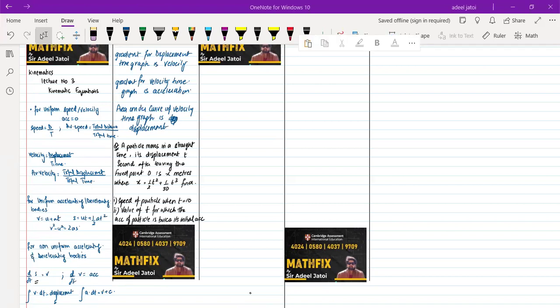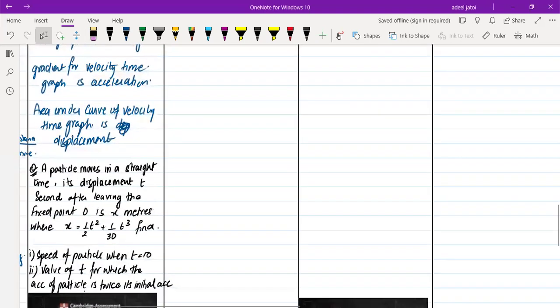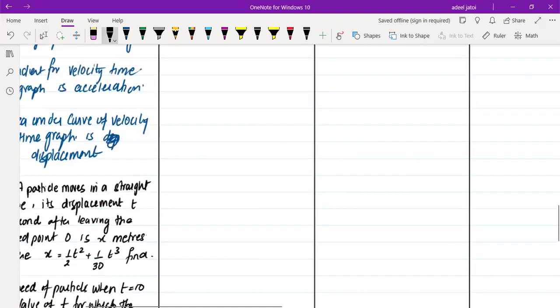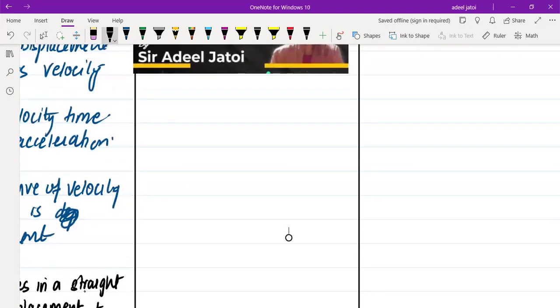Let's just work out the solution of part 1. The speed of the particle when t is equal to 10, you already know that you have the displacement equation. So x is equal to 1 upon 2 t square plus 1 upon 30 t cube.